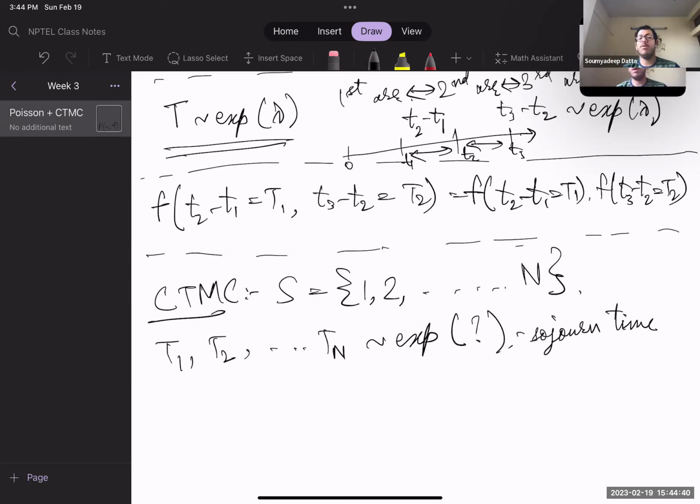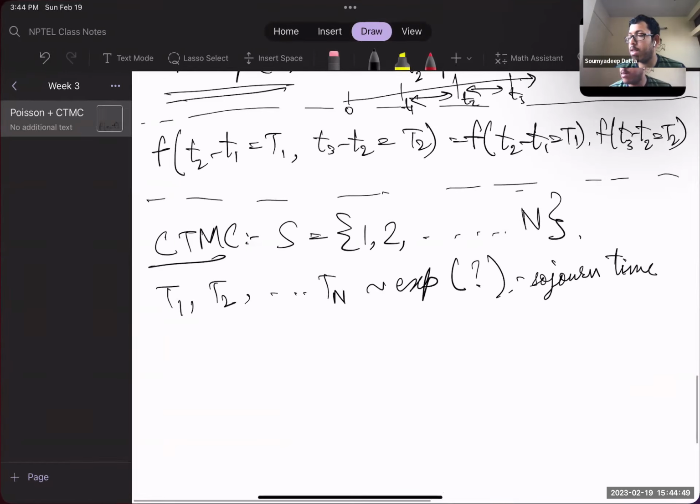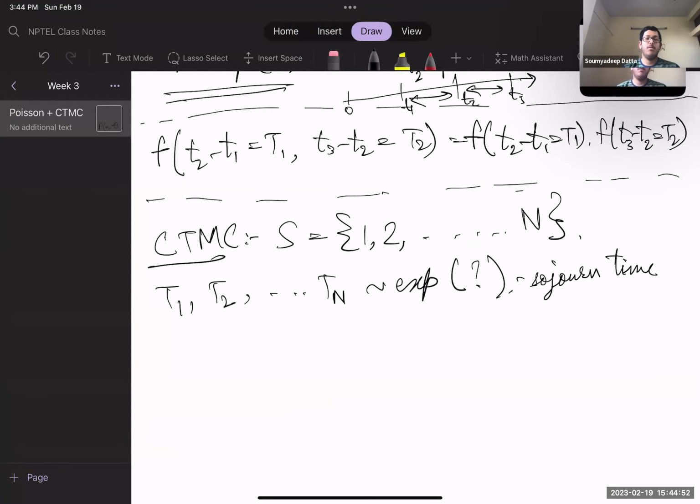And then once that time is over, it will jump to some other state. And so you have two matrices that really characterize a continuous time Markov chain. The first matrix is the transition probability matrix. The matrix that we already know from discrete time Markov chain theory is Pij.